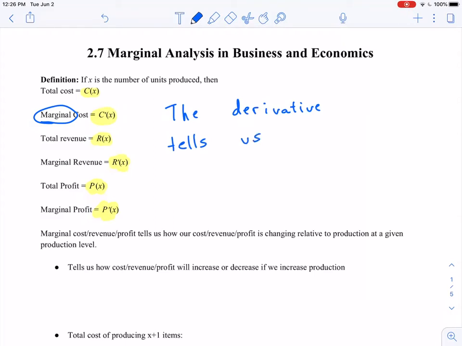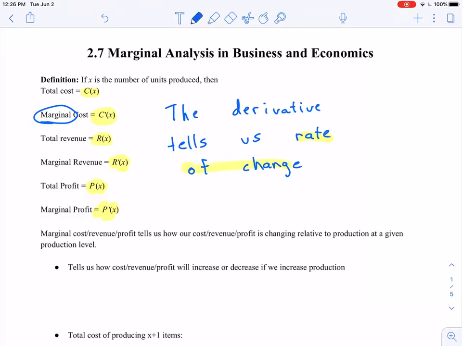As soon as you see the words rate of change, your mind should jump to thinking about the derivative. Or if you see slope of the tangent line, you should be thinking about the derivative. But right now, rate of change is what I want to focus on.